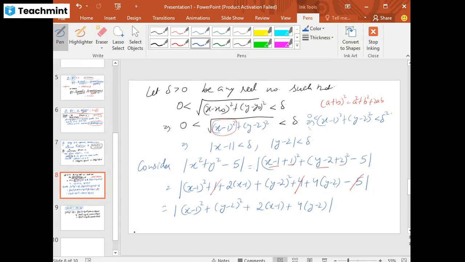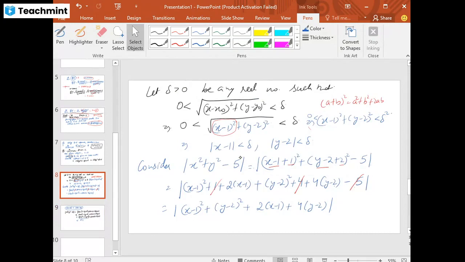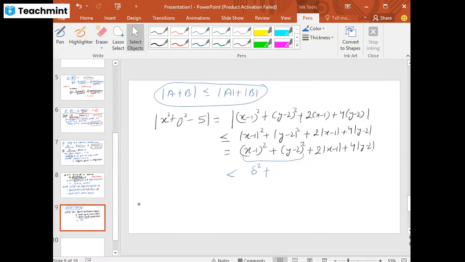So according to that, this particular part is less than delta square, and x minus 1 is less than delta, y minus 2 is also less than delta. So this is less than 2 times delta, and this is 4 times delta. So basically this is delta square plus 6 delta.